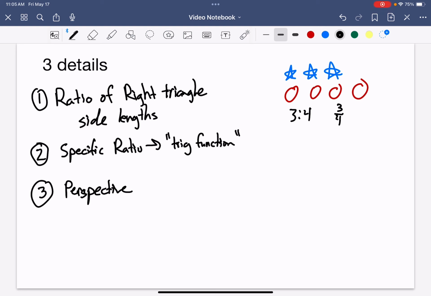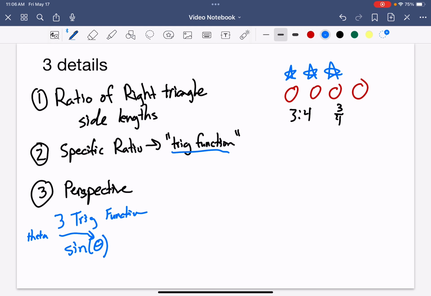Now let's talk about this idea of a trig function. We have three trig functions that you need to know. We have sine, not sin, all right, sine. And we're going to put in a random symbol right there. It's called a theta. It's kind of like a variable like x, but we like to use theta when we're talking about angles.